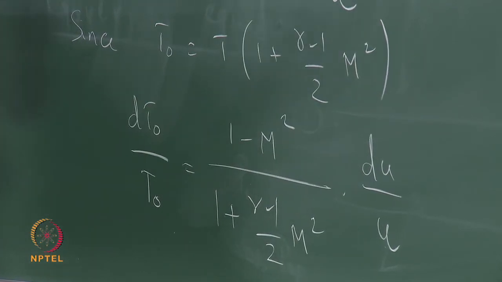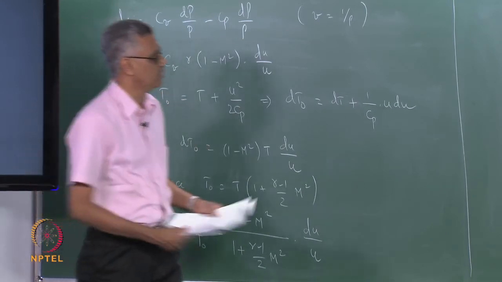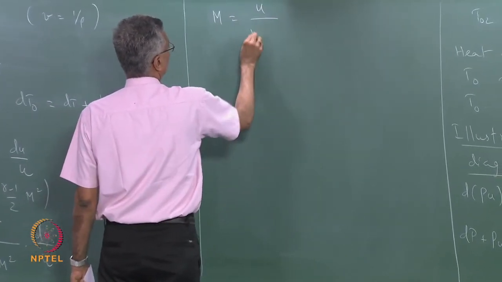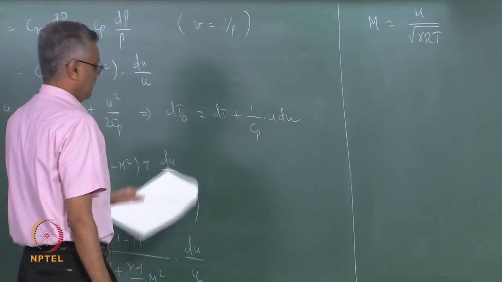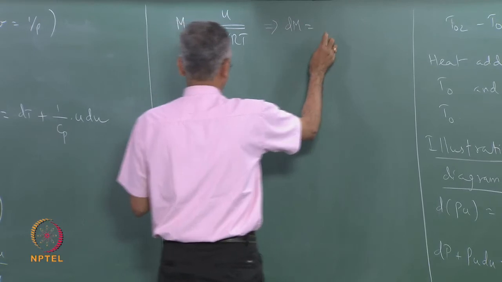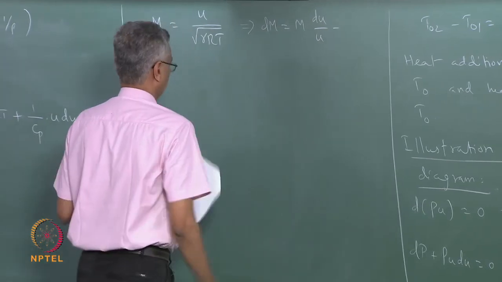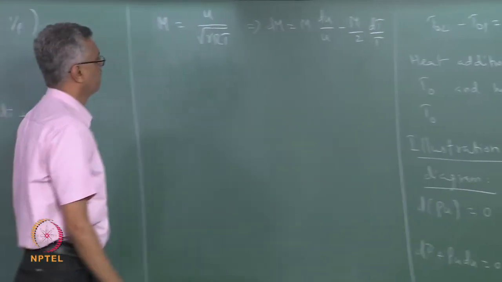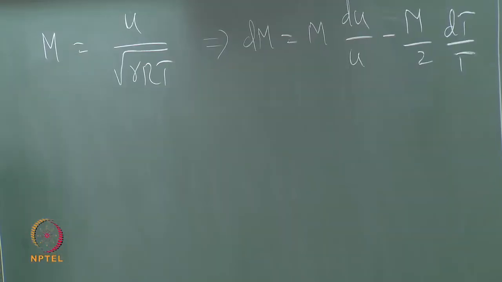Okay. So we need one equation which determines the change in Mach number dM, and that we can get from the definition of Mach number. So M is equal to u over square root of gamma RT, and if I take the derivative of this, I can write dM is equal to M times du over u minus M over 2 times dT over T. Now once again substitute for du over u and dT over T from before.